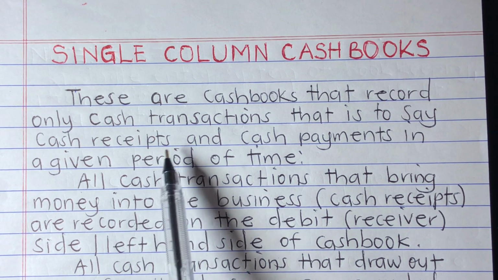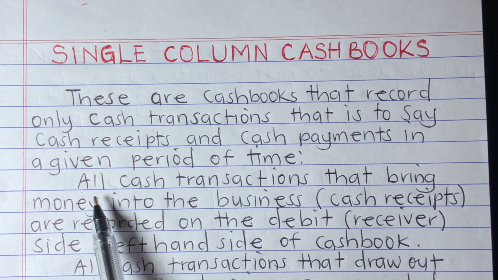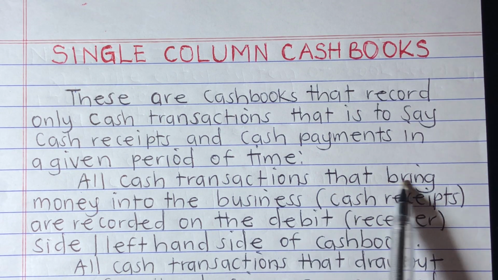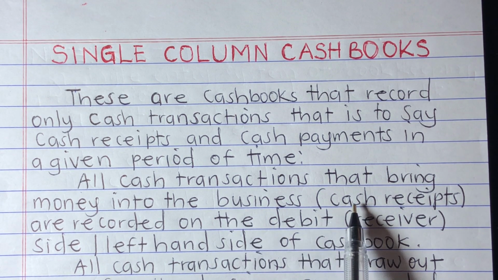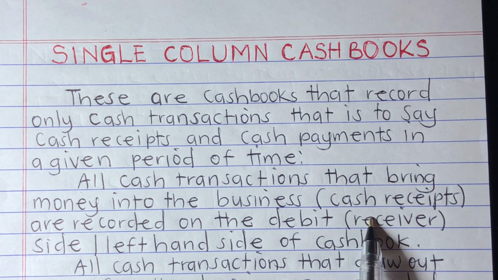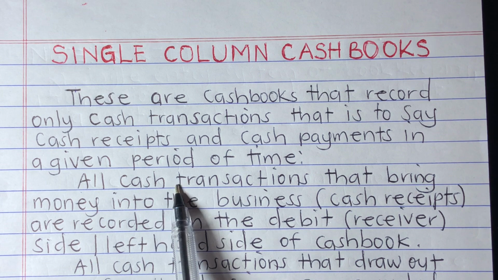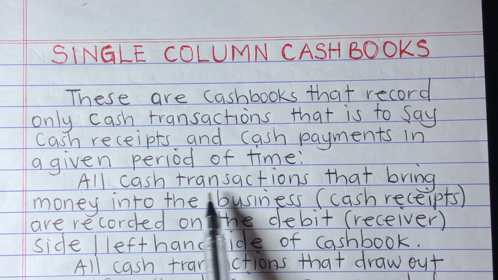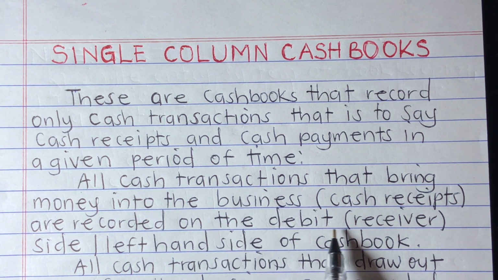We have a note here: all cash transactions that bring money into the business are also called cash receipts, and these are recorded on the debit side. It is also called the receiver side.